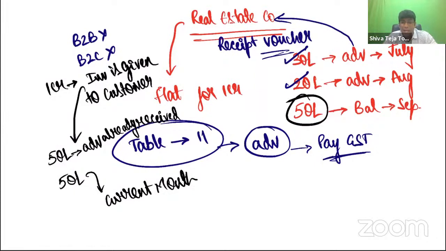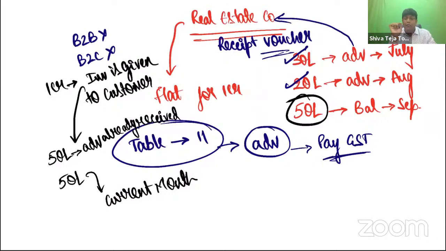Yeah, next question. Sir, if only advance is received before completion, do you have to pay tax or not? Yes, my dear friend. For example, if a flat is for 1 crore, 30 lakhs is received before completion and 70 lakhs after completion, GST will still come on 1 crore, not on 30 lakhs.